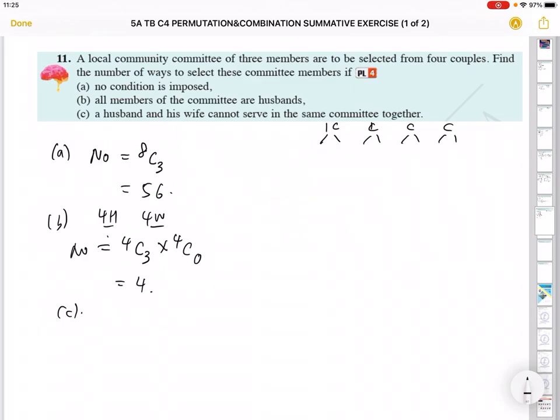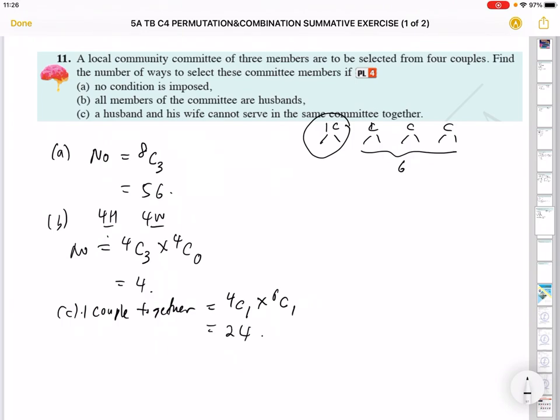So I put one couple together. If it's one couple together, out of 4 couples, I choose any one. But I still have to choose the third person who is not part of the couple. Now remember, let's say I've taken one couple out, I still have 6 others that I can choose the remaining one from. So here we have 24 ways, right?